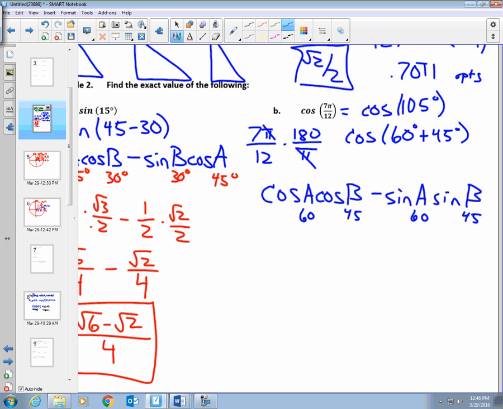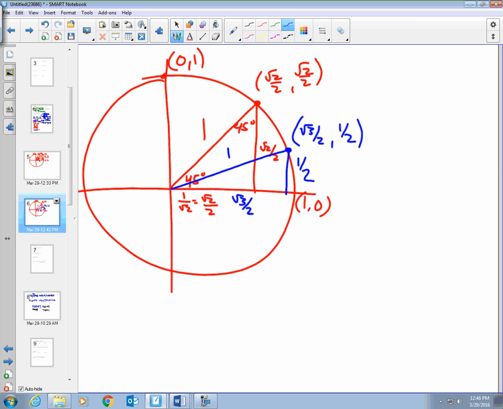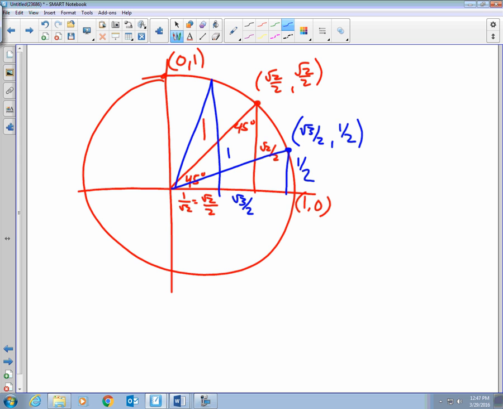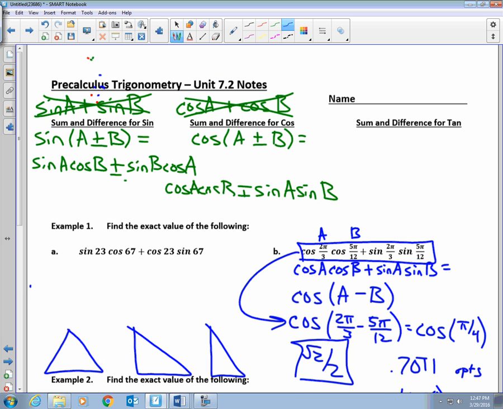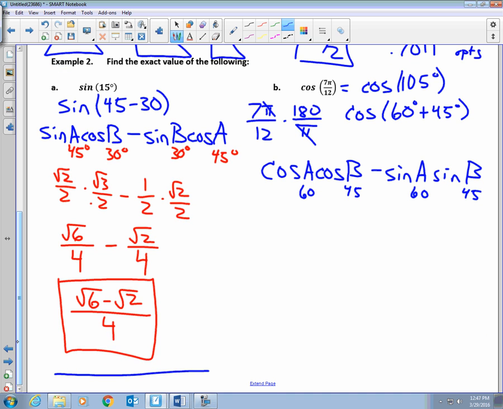good thing that we just drew our nice little unit circle guy right here, right? We didn't put on the 60-degree angle one, but we sure could, and figure out that coordinate is 1/2 and the root of 3 over 2. Okay. So we go back here, and we have cosine of 60 is 1/2.